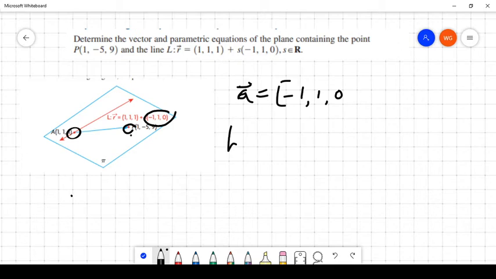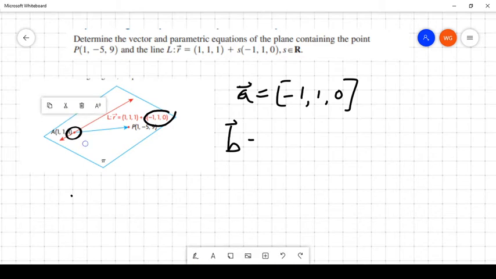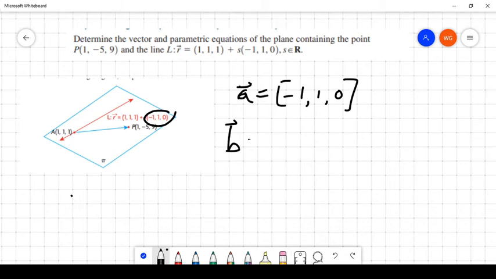We'll call that vector B. Vector B is going to equal the head of the vector minus the tail of the vector, so we're finding the vector displacement or direction.